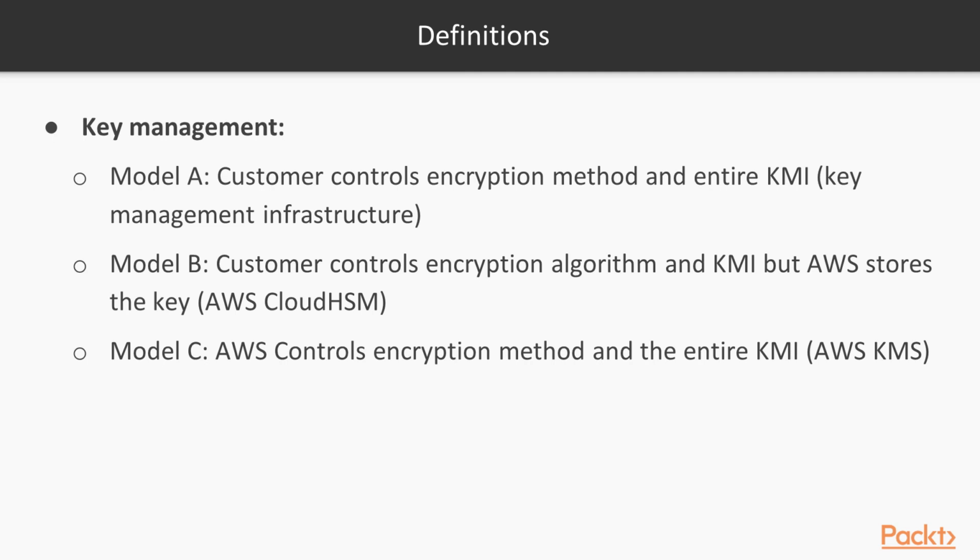Model B is when the customer controls the encryption method and the key management infrastructure, but the key is stored in AWS, for example, when you use AWS CloudHSM. And model C is where AWS controls everything, the encryption method, the entire key management infrastructure, etc. For example, when we use AWS KMS, which is one example that we'll use here.